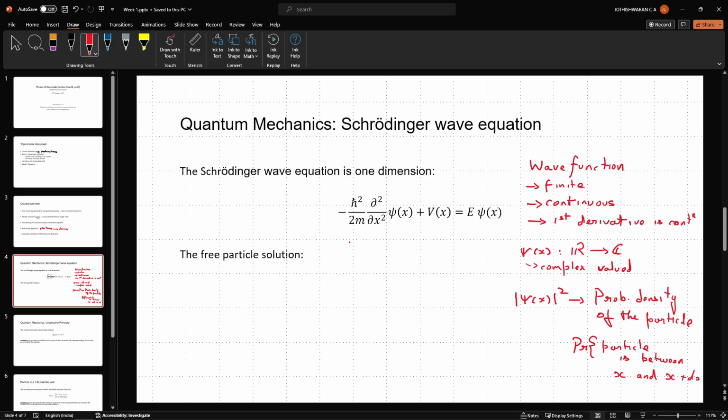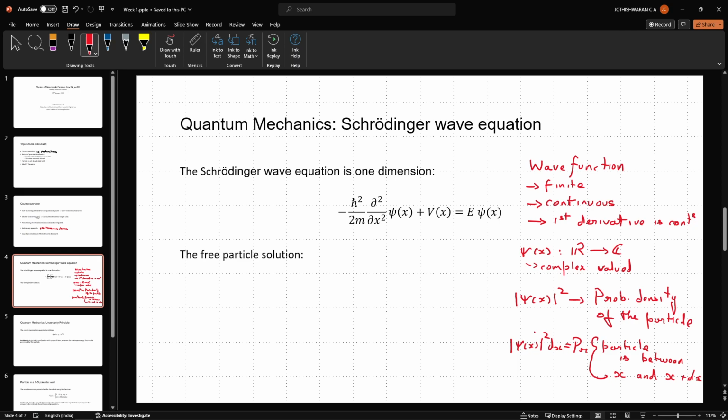So this quantity here, mod psi of x squared dx, is the probability of finding the particle between x and x plus dx.